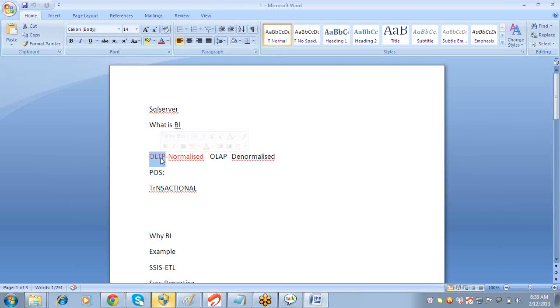Normally all our employees are from Andhra Pradesh and India, right? So each time you enter an employee, if you have to take everything into a single table, the city and the country are the same every time. Not only these, even the zip codes and many other things could be the same. So this is all redundant data.